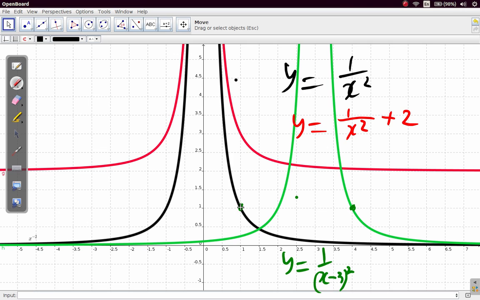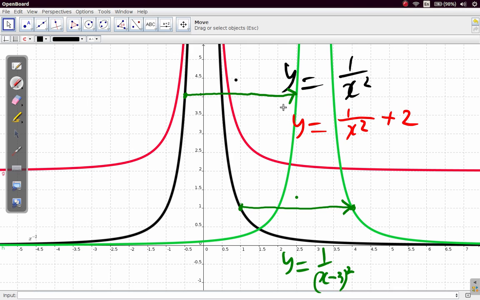This has shifted 3 units to the right. Here, negative 1 was also shifted. This point here seemed to be at negative 0.5, and it's shifted to here at 2.5.